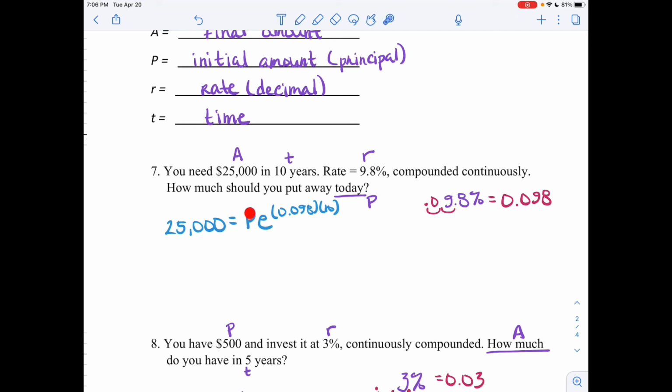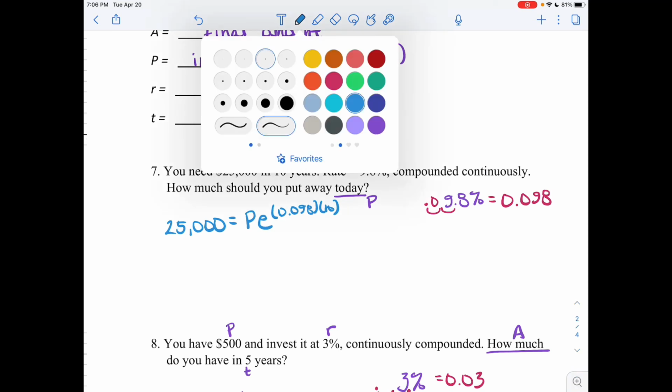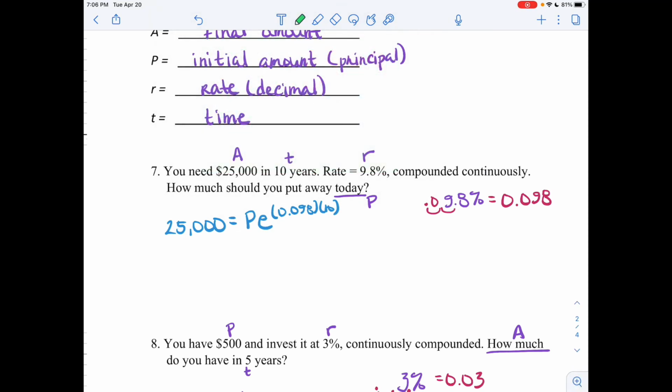So in order to solve for P, I need to get rid of E raised to this power. Well, how do I do that? The same way that I would get rid of anything that's multiplied. I would divide by E raised to this power, 0.098 times 10. But if I do it to one side, I also have to do it to the other side.